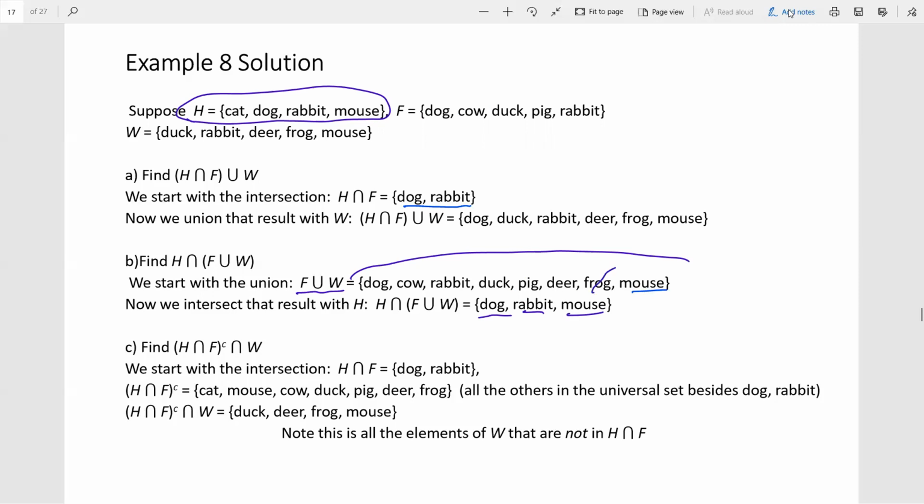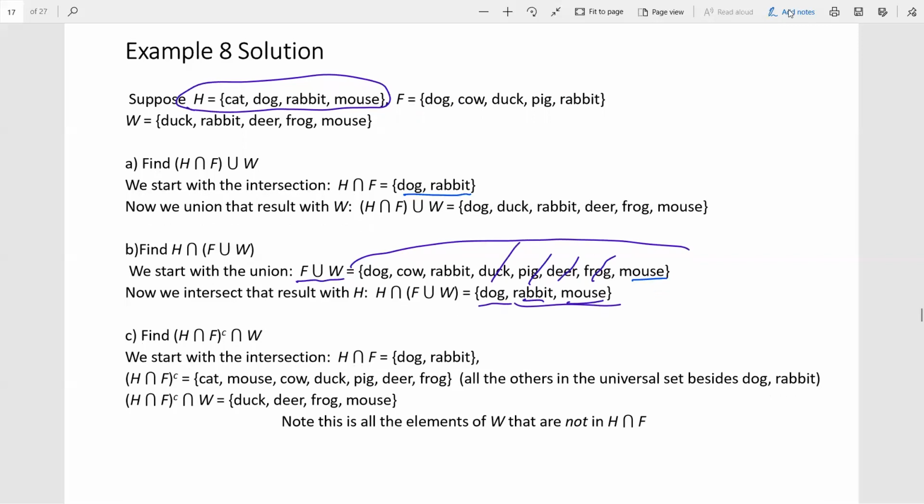There's no frog, there's no deer, there's no pig, there's no duck, and so that's the answer. You have to write this out and mark things off in order to do this. Now we're going to show things about Venn diagrams in a little bit that will make it a little easier to do some of this.